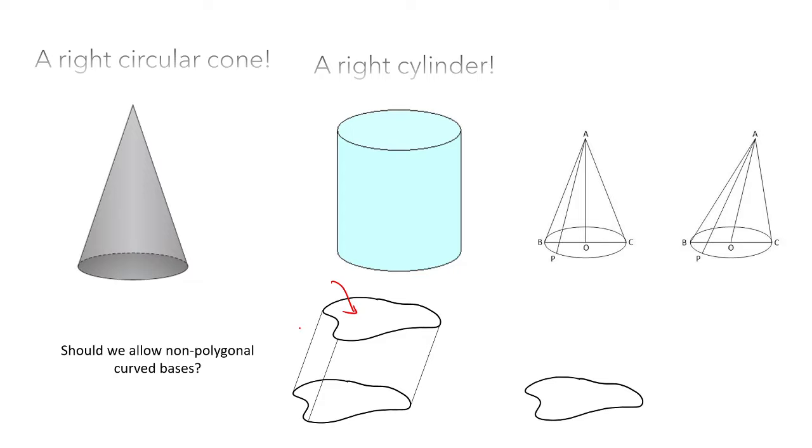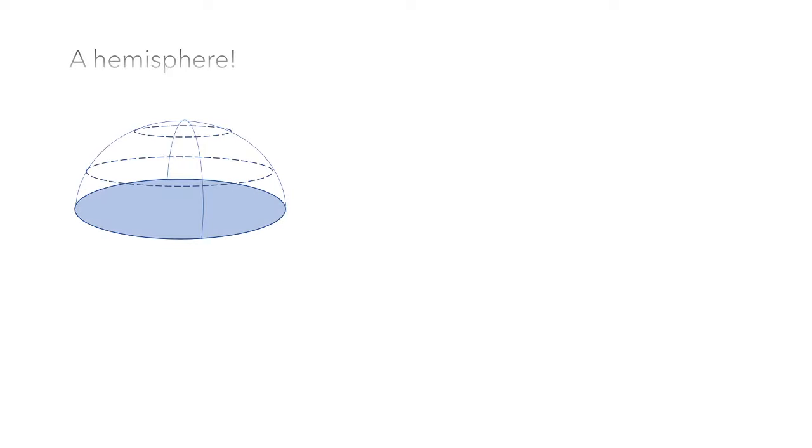Okay, and a pyramid will in general be any kind of base extruded to a point. But there's one more thing I would like to talk about. Let's take a look at this hemisphere. It also works in the same way. It has a circular base, and you preserve the quality of the base. It's still circular, and then you extrude it to a point. Should we call this thing also a pyramid?